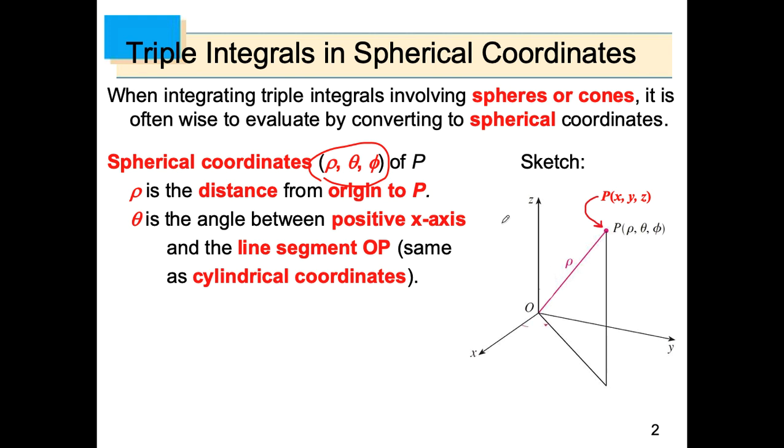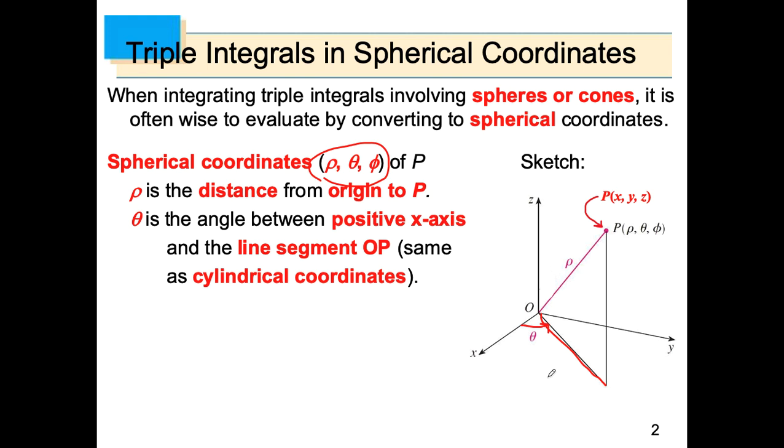So again, notice that this line rho here is being projected down onto the floor right here. The angle that it's creating here is going to give us our theta.